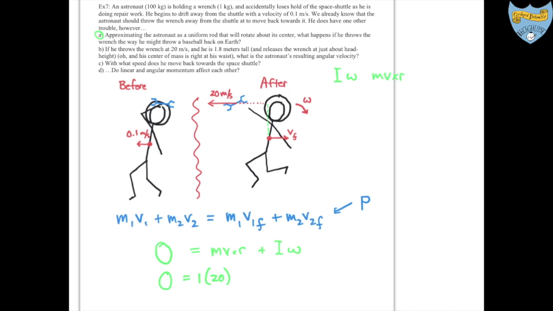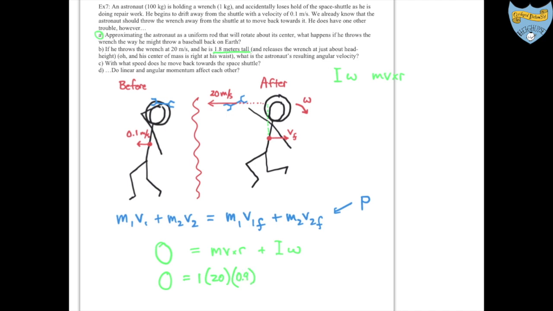And importantly, he is 1.8 meters tall, and we're putting his center of mass right at his waist, which, by the way, anytime something rotates, assuming that there's no pivot to constrain it, it will rotate about its center of mass. Okay, so that means that if he's 1.8 meters tall, r, the distance that the wrench is from his center of mass, is going to be 0.9.